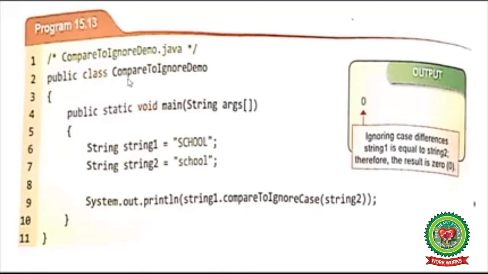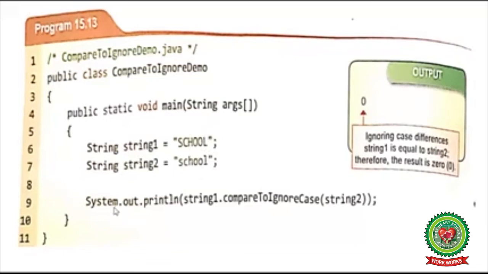Now, let's see the program 15.13. Here we have created a class CompareToIgnoreDemo. Now, string 1 is storing SCHOOL in uppercase and string 2 is storing the same string school in lowercase. Now students, as the name suggests, compareToIgnoreCase means it will compare both the strings but without considering the case.